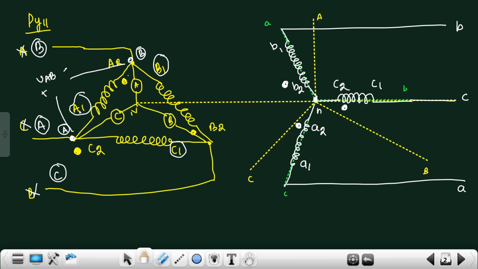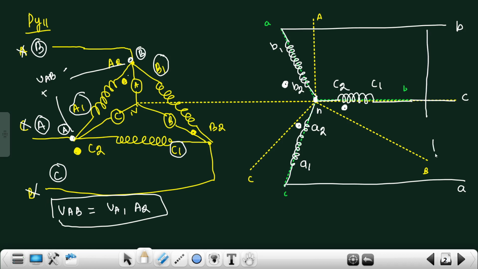A is connected to A1 and B is connected to A2. So here VAB is equal to VA1A2. Similarly, here we can find out line voltage VAB.